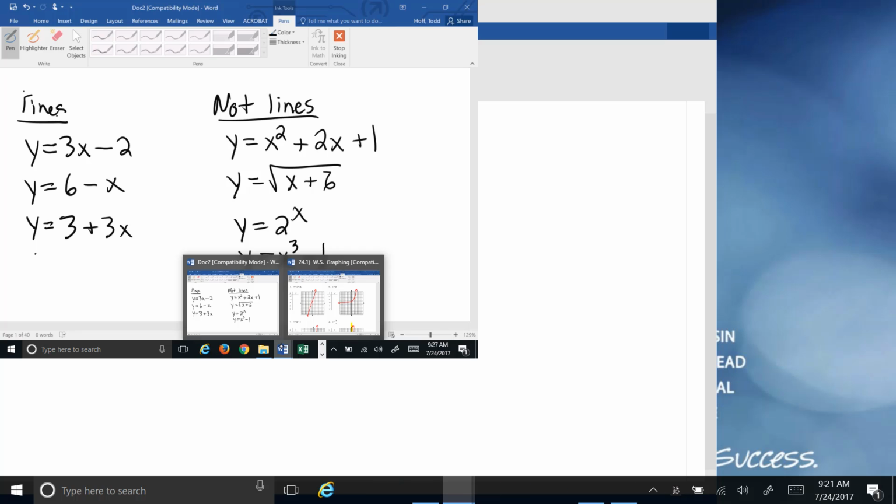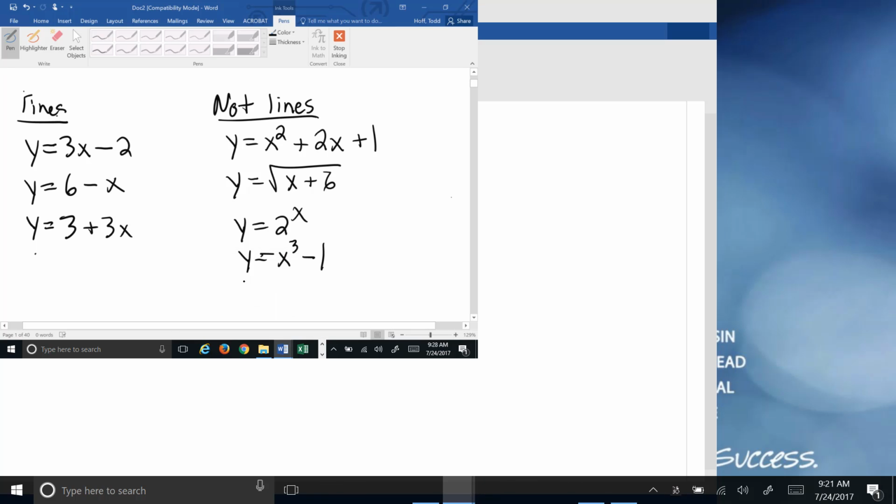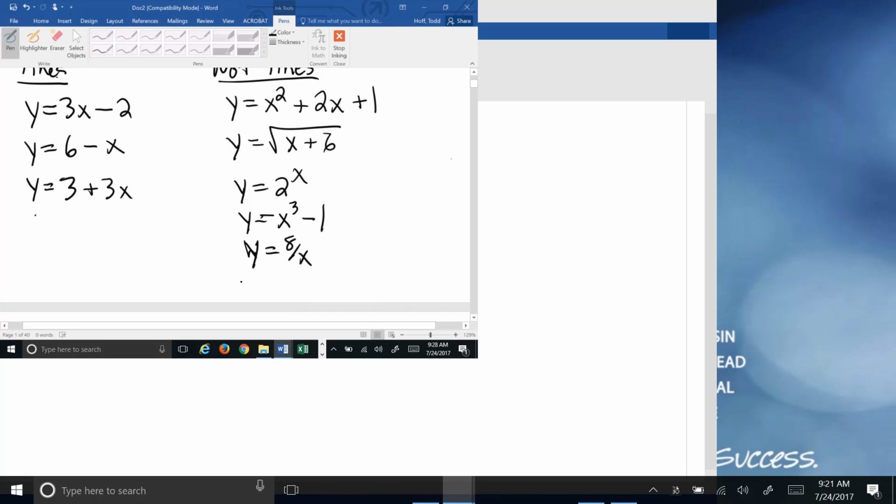Y equals 8 over x was not a line. And the final one that was not a line was y equals 4x squared minus 8. And then we had y equals 3/4 x minus 4. That was a line.